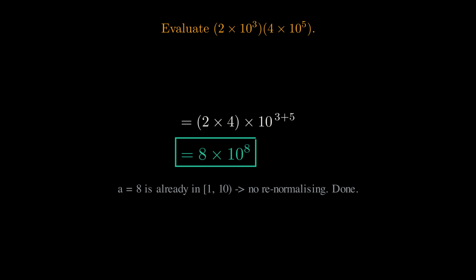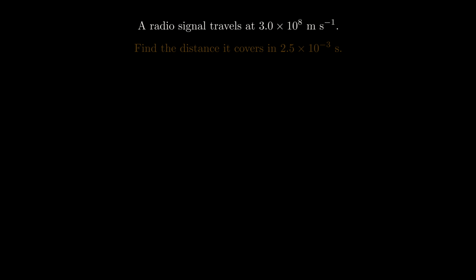That's the clean case. Now a standard applied one. A radio signal travels at 3.0 times 10 to the 8 meters per second. How far in 2.5 times 10 to the minus 3 seconds? Distance is speed times time. Multiply the fronts: 3 times 2.5 is 7.5.